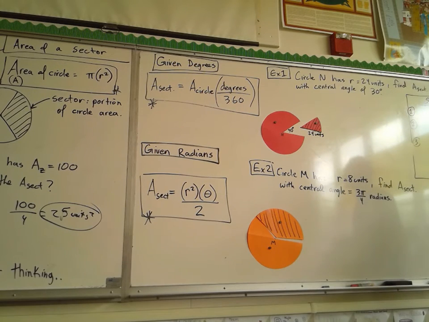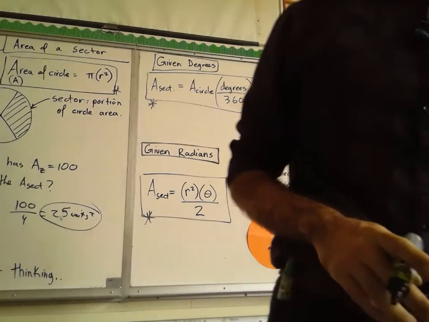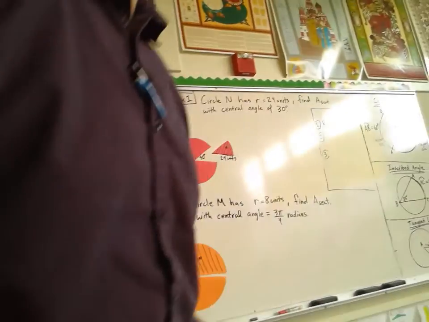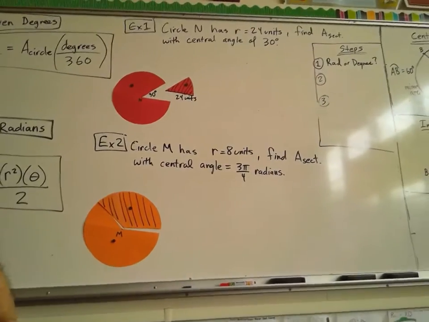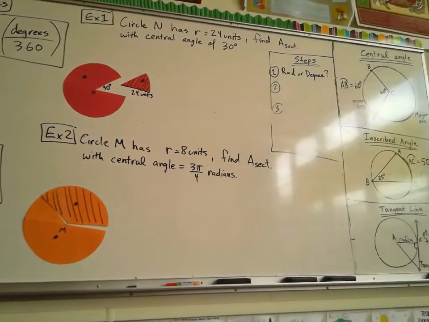The first step for either of these kinds of problems is to figure out if it's a radian or degree. The first question you have to ask yourself is, is it a radian or is it a degree, just like yesterday? Once you know it's this or that, then we're going to choose the correct formula.